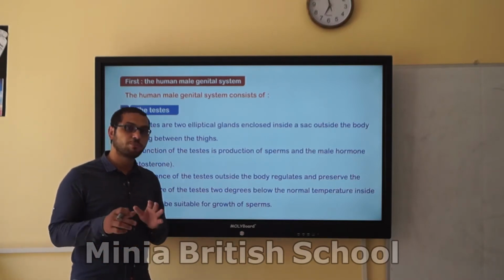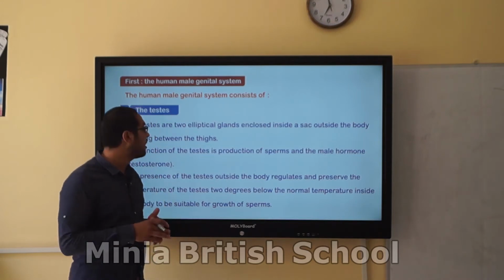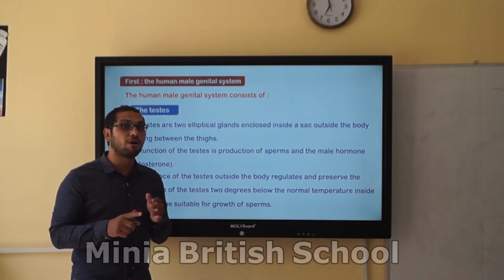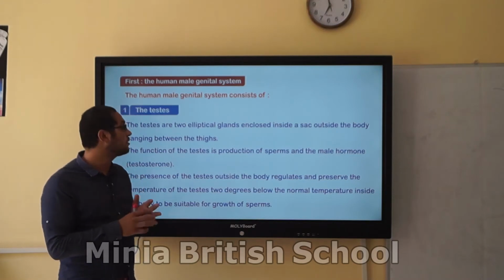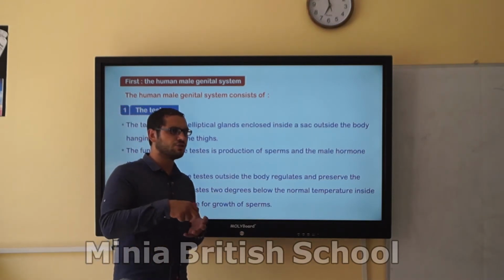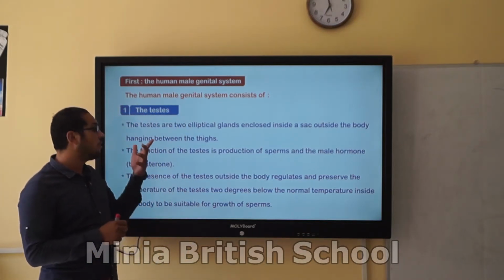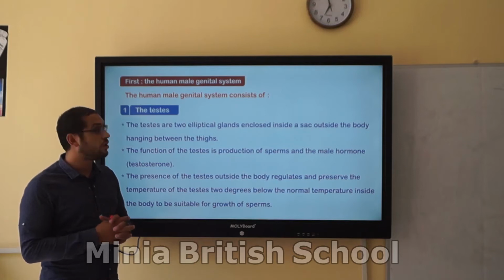Okay, so for each component we will study the description of this part, the function of this part, and finally the location inside the body. Finally, the description of the two testes.